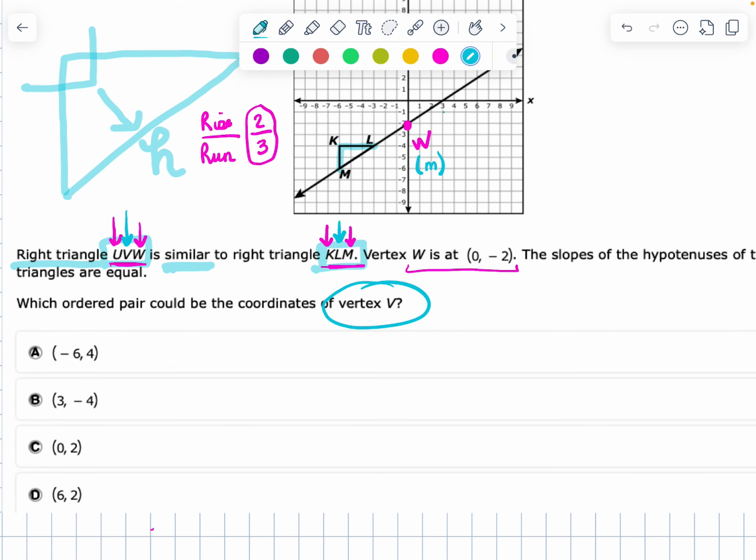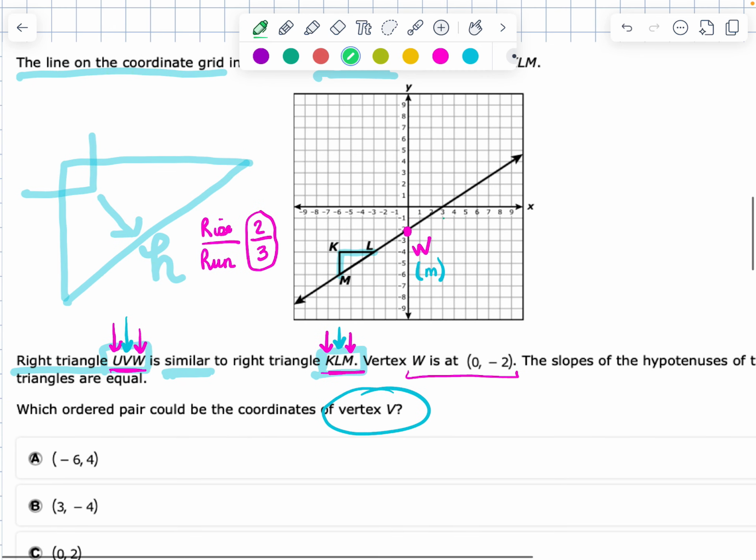So let's look at A. We have the point (-6, 4). Let's plot that point: -6, then 1, 2, 3, 4. There's that point. Well, we know that's not right because we have a negative slope and it's not the same line, so it can't be A. Let's look at B, (3, -4): 1, 2, 3, and then 1, 2, 3, 4.